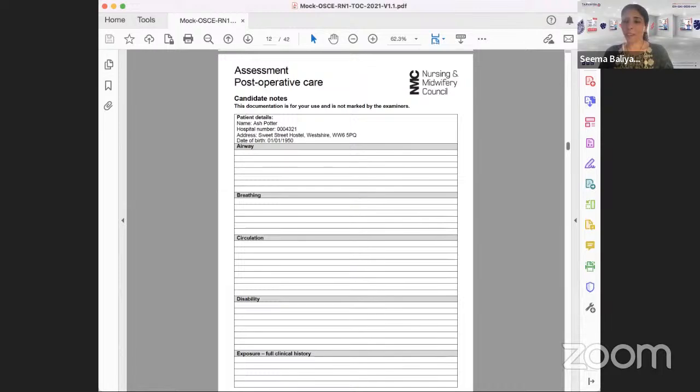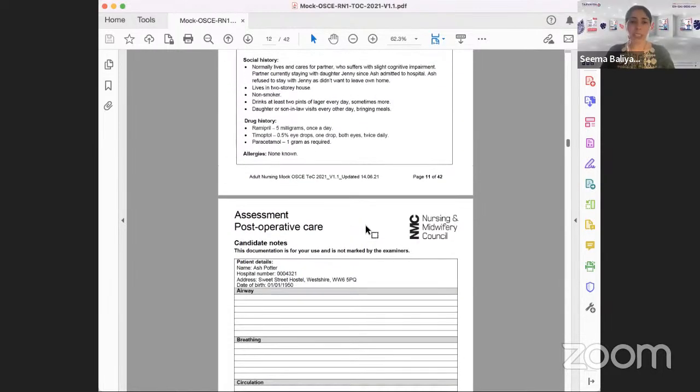And are you taking any medication? Yes, I am taking medications. I'm hypertensive, so I take the antihypertensives, and sometimes I take paracetamol. I also suffer with glaucoma, so I use eye drops as well. Okay, thank you. And how is your mobility? Are you okay? I'm fine. Okay, that's all.